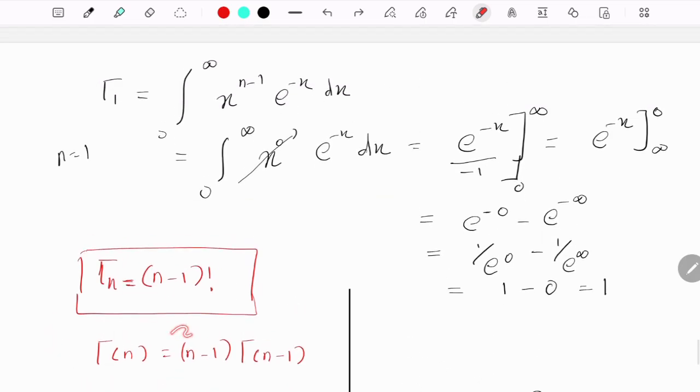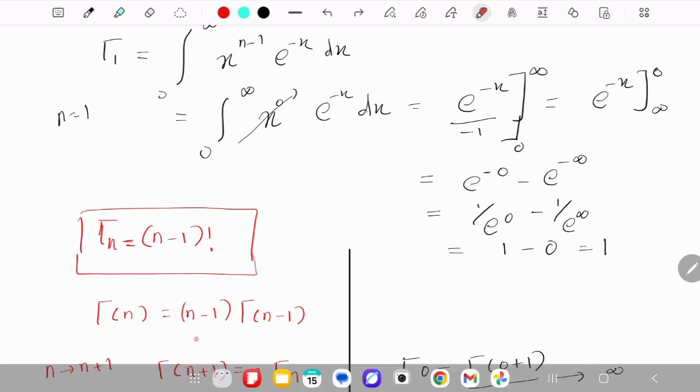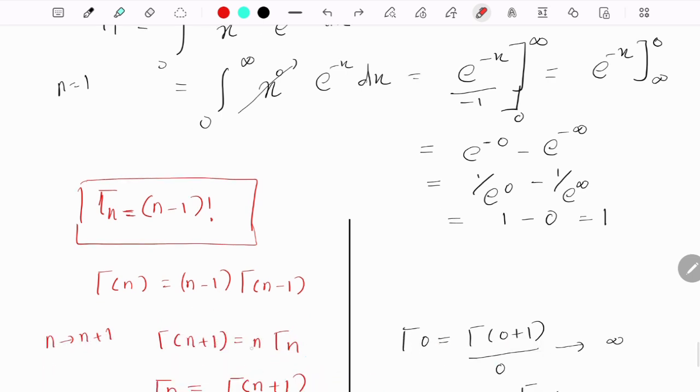If you apply n equal to n plus 1, then gamma of n plus 1 is equal to n plus 1 minus 1, that is n gamma of n.